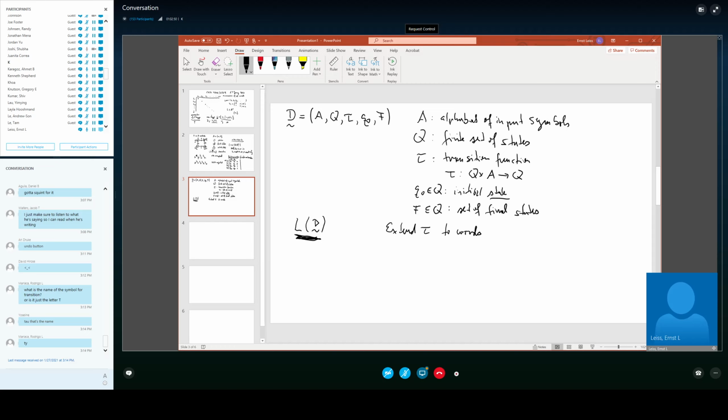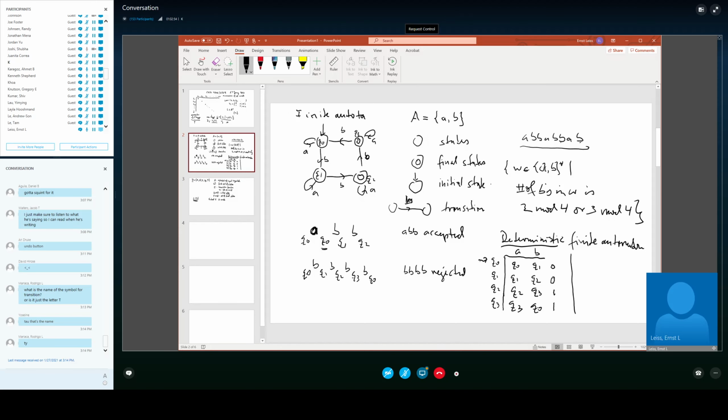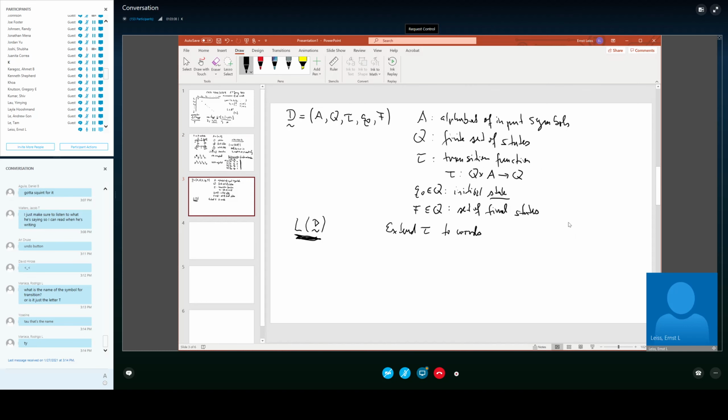At this point, if you look at your transition table, it basically tells you what happens from a state under a single letter. So that is where you have this mapping, a state and a letter. Tau of Q and A is going to be some state P.